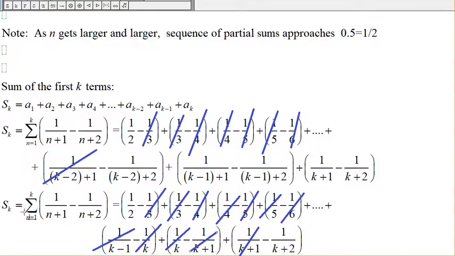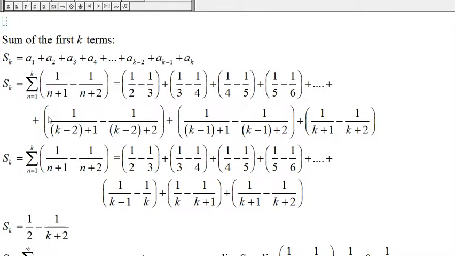So for the infinite series, what's left is 1/2 minus 1 over k plus 2. We have just shown that S sub k is 1/2 minus 1 over k plus 2.